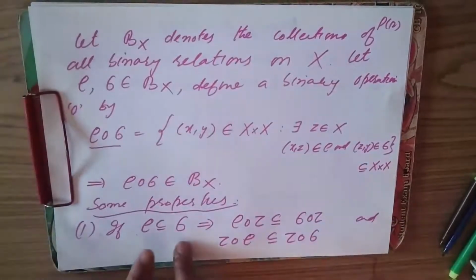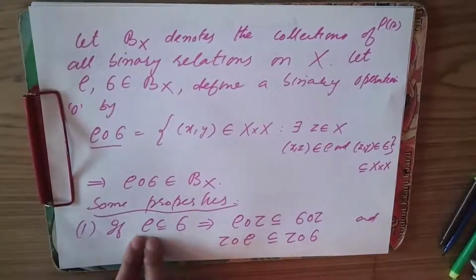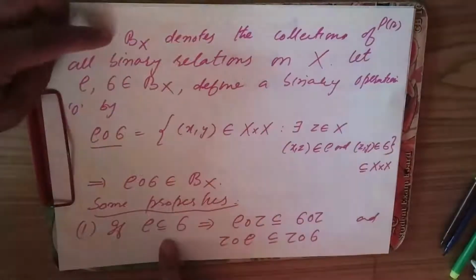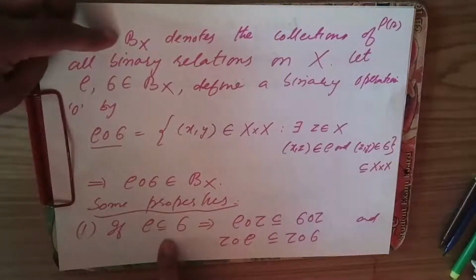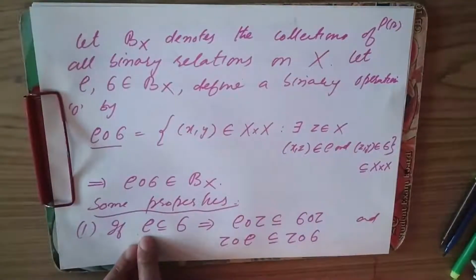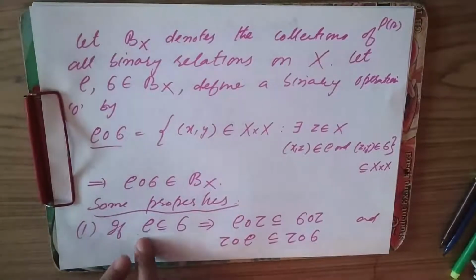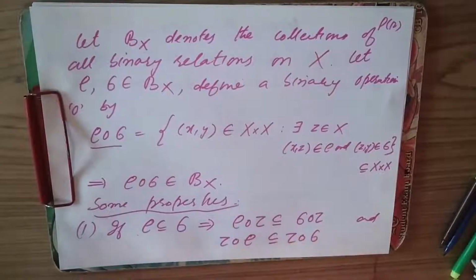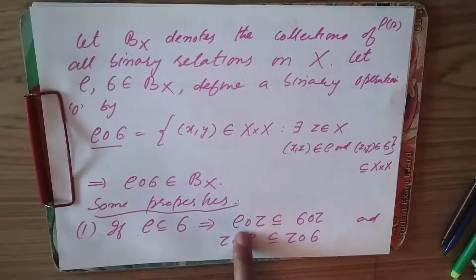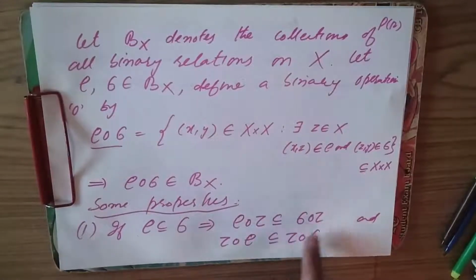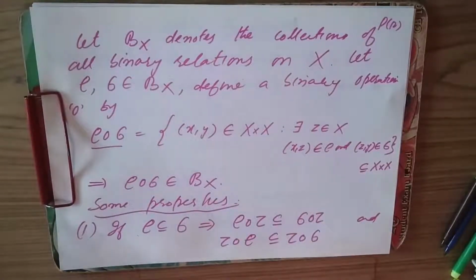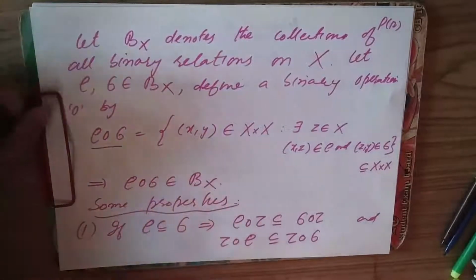Binary relations are actually sets, subsets of X cross X. So whenever rho is a subset of sigma, sigma composition tau, which is again a binary relation as we have already seen, contains rho composition tau, and tau composition sigma contains tau composition rho.